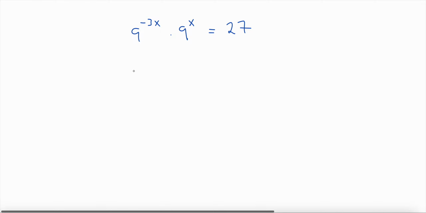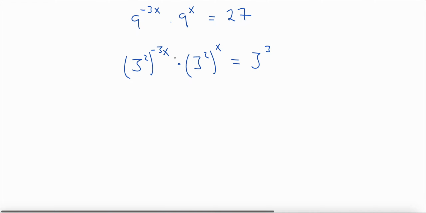Let's see, on the left-hand side, we can rewrite this as 3 squared raised to the negative 3x times 3 squared raised to the x equals 3 cubed. And now we can rewrite these on the left. So 3 squared raised to the negative 3x.